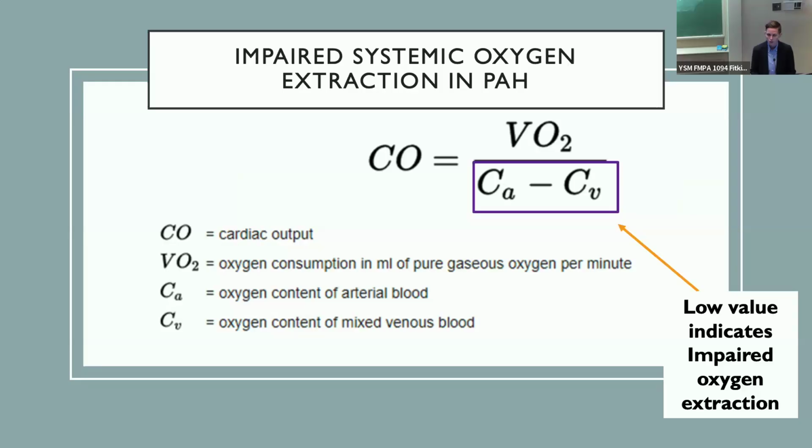Another often overlooked contributor to exercise limitation in pulmonary hypertension is impaired systemic oxygen extraction, which has been described in patients with heart failure, as well as those patients with primary mitochondrial myopathies, post-viral syndromes, and chronic fatigue syndrome. To understand impaired systemic oxygen extraction in pulmonary hypertension, it's useful to go back to the Fick equation. Cardiac output is equal to our oxygen consumption divided by the arteriovenous oxygen content difference.